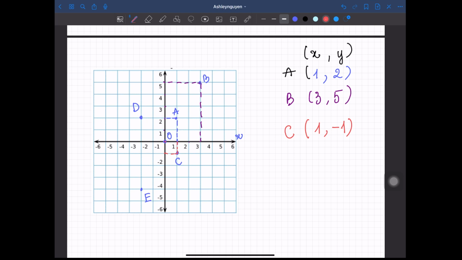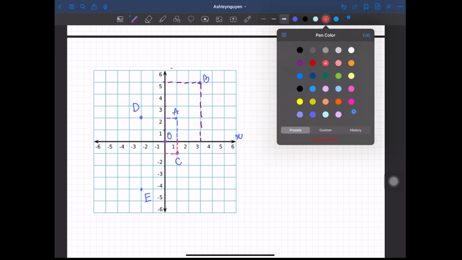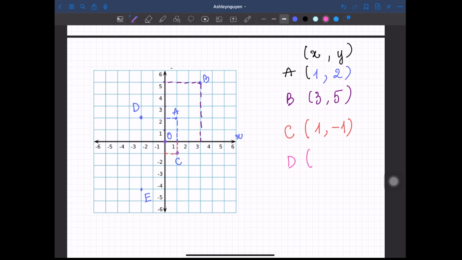What about D? To state the coordinates of point D, we move from the origin to the left-hand side of the x-axis.